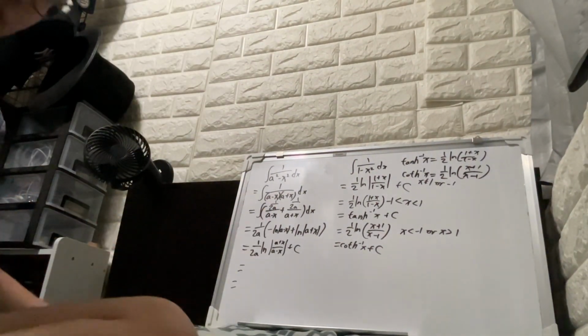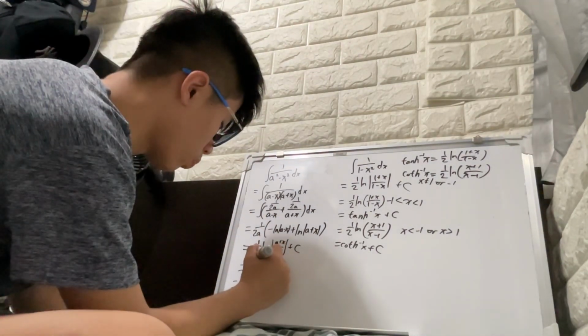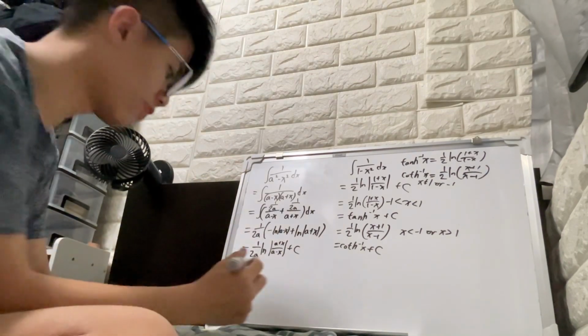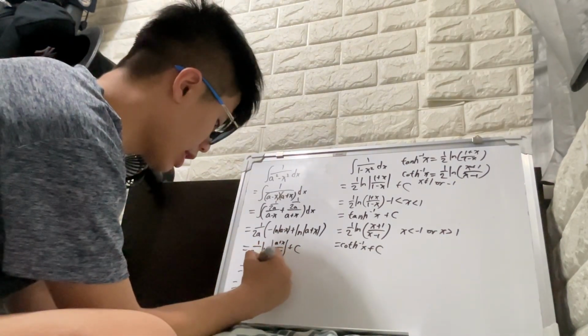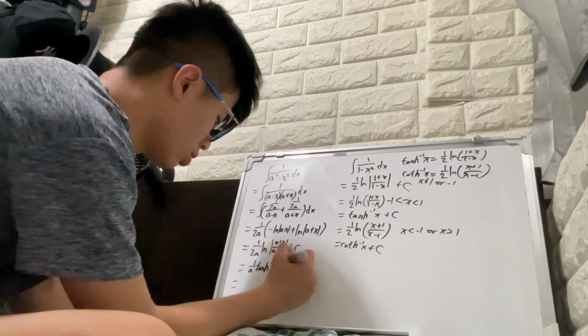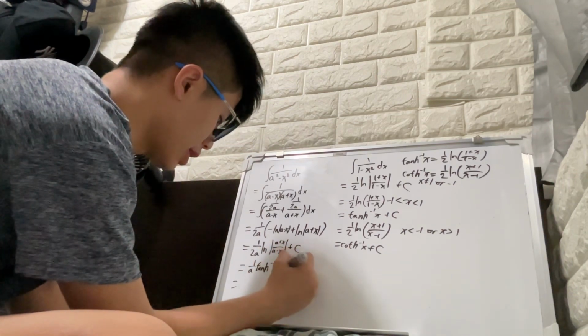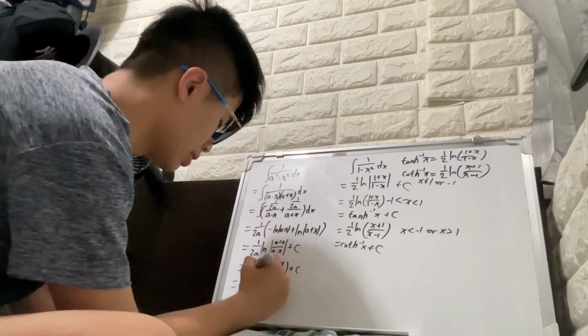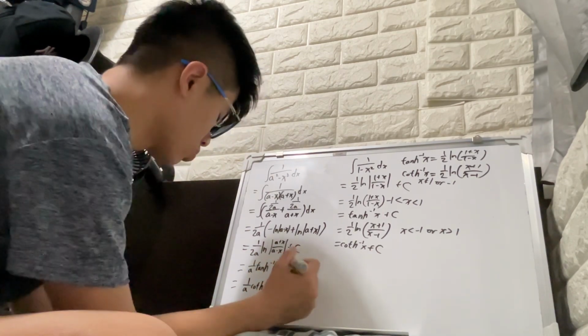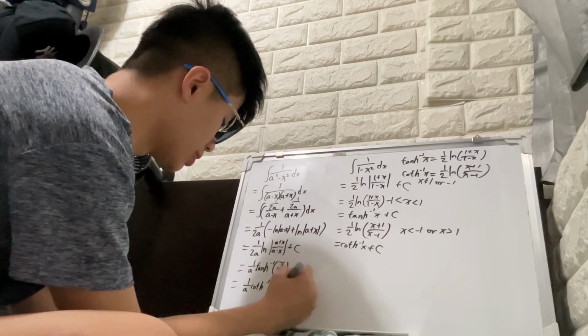This one is also equal to, because it's 1 over a squared minus x squared, you're going to use the positive version, and this is equal to 1/a times the inverse tangent of x/a plus c, and then 1/a times inverse coth of x/a plus c.